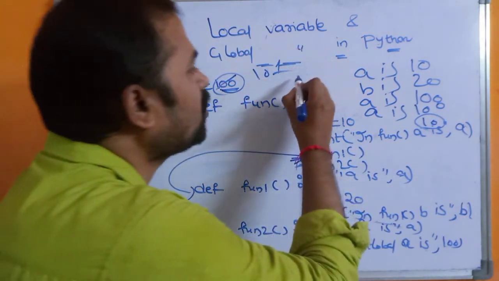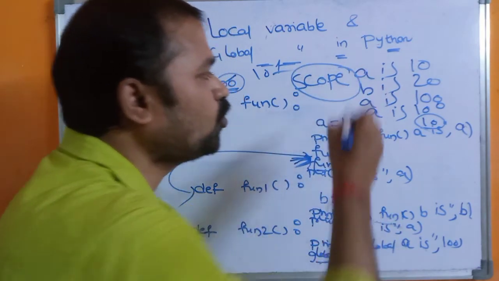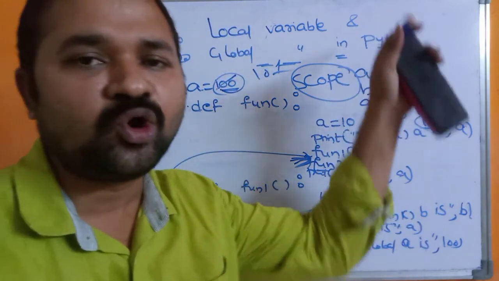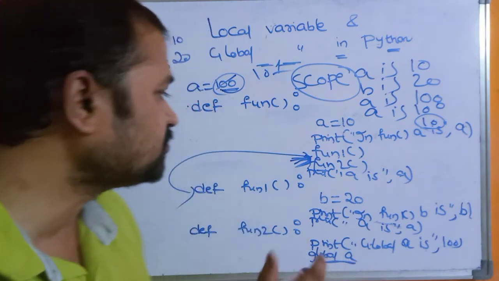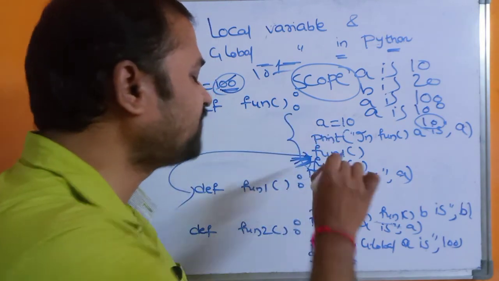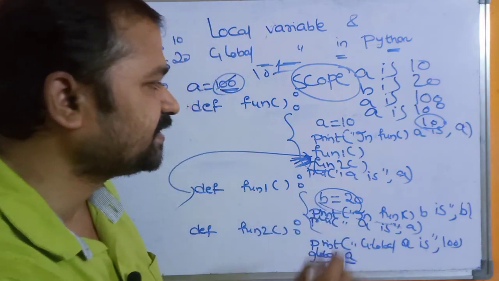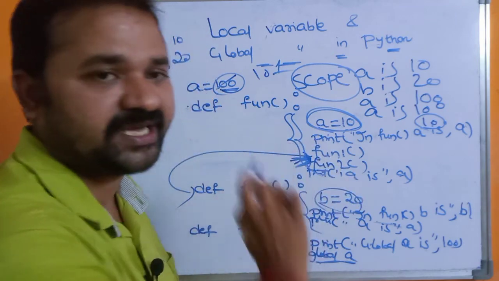So here local variable and global variable mainly specify one thing, that is scope. So what is the scope of a variable? Scope of the local variable is local to the function. Why? Because we can make use of that local variable inside that function only. We can make use of this b inside this function only. We can make use of this a inside this function only.